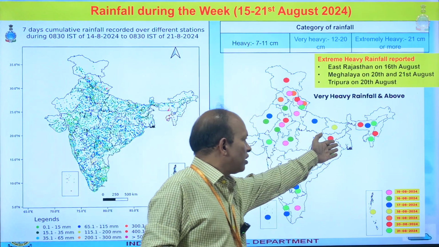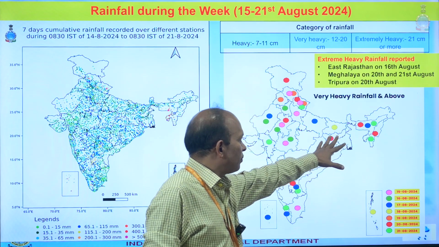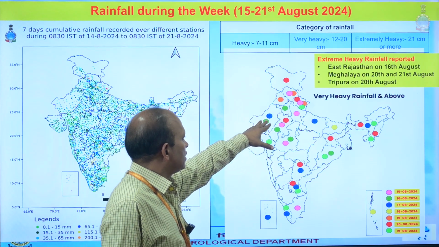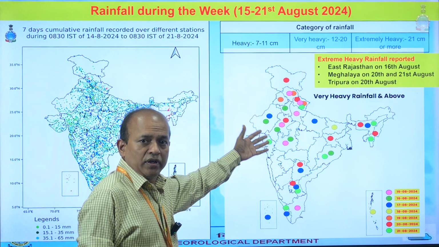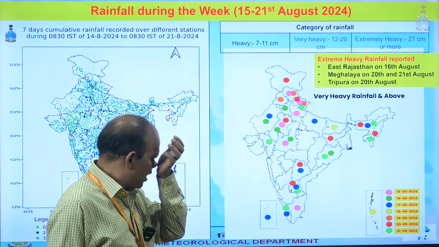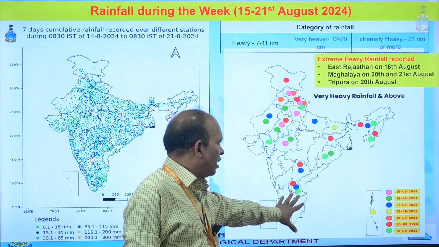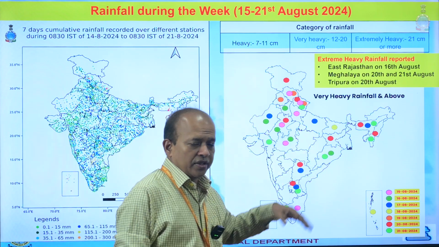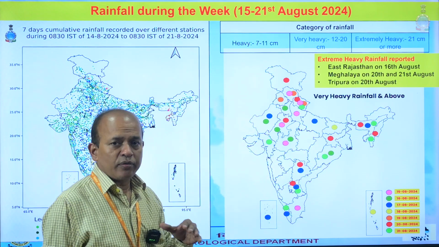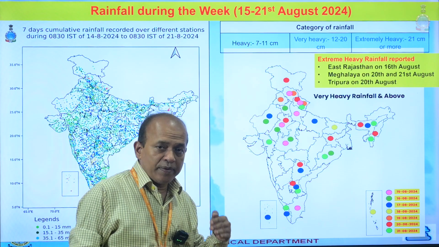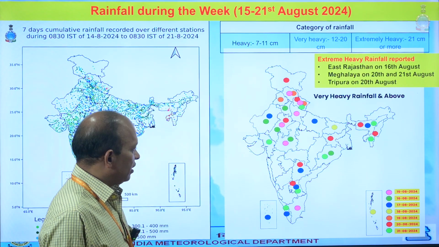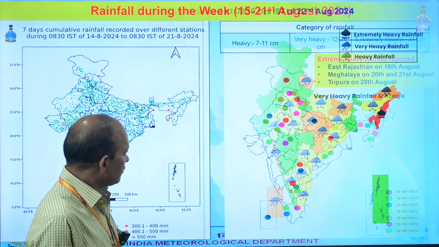The northeastern states got rainfall, even northern India, Himachal, Uttarakhand, then northwest India, Rajasthan region, and also the south peninsula, and some days also Odisha, Jharkhand, Bihar region. These are the places where we got very heavy rainfall, more than 12 centimeter during the last 1 week.